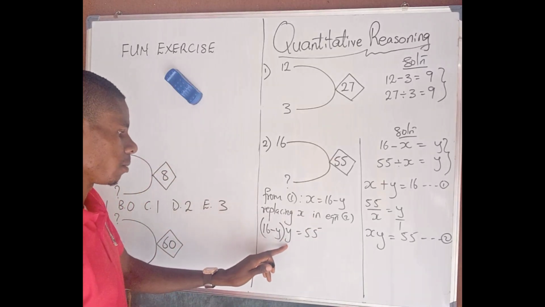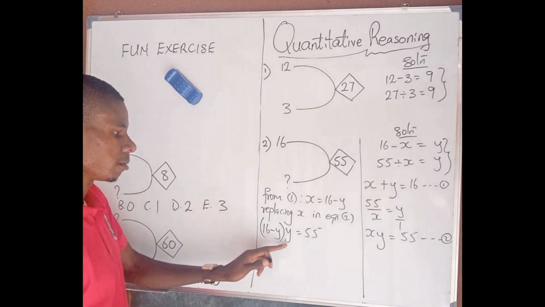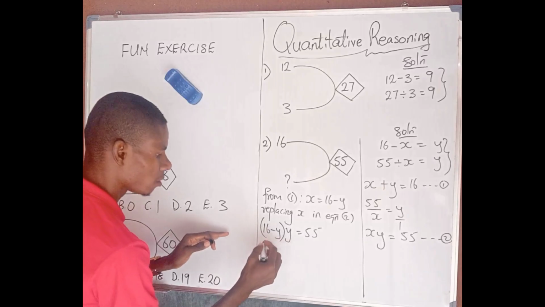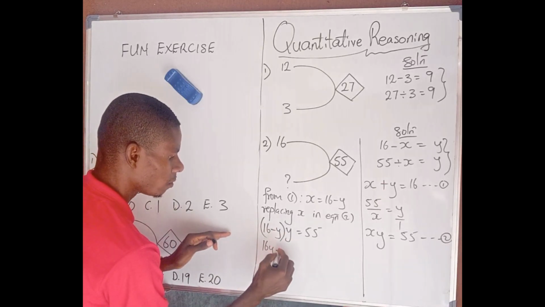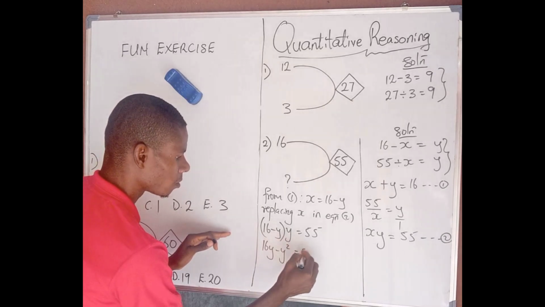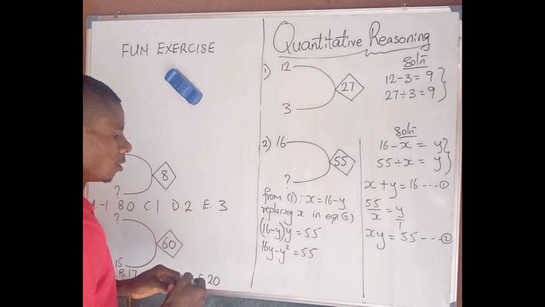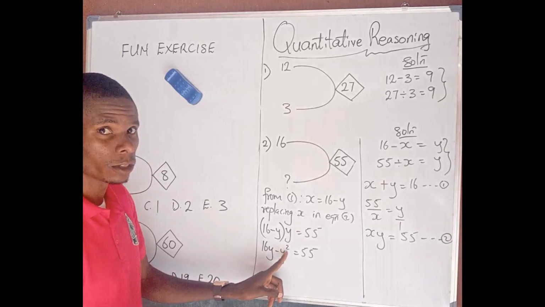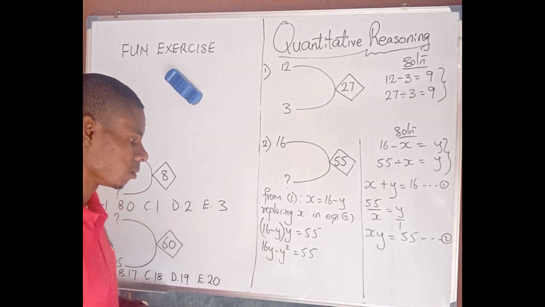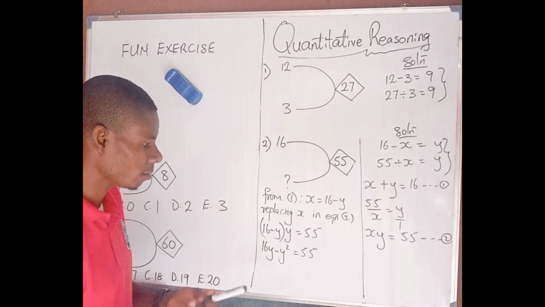So then expand, multiplying this bracket by y. So 16 times y is 16y, minus y times y will give us minus y squared equals 55. All right, so we are now having a quadratic equation because the highest power of the unknown here is 2. So this is a quadratic equation. So can I rearrange them?